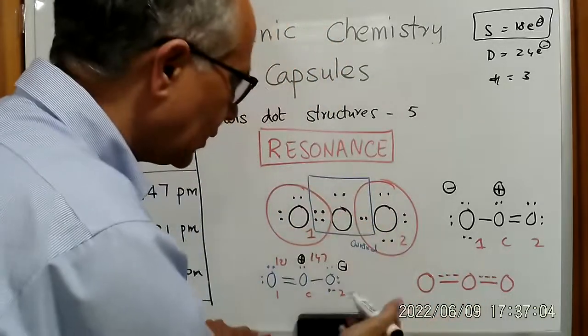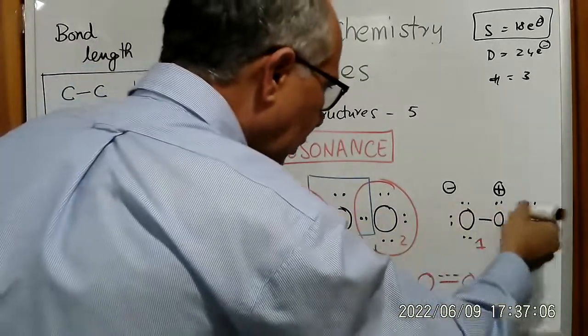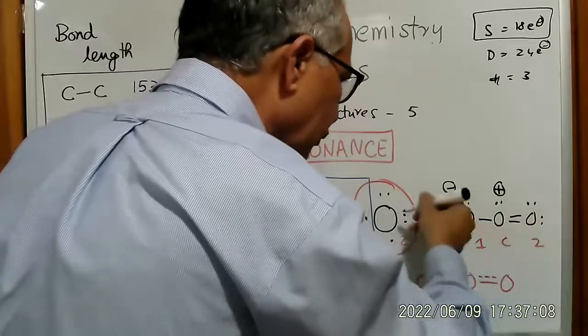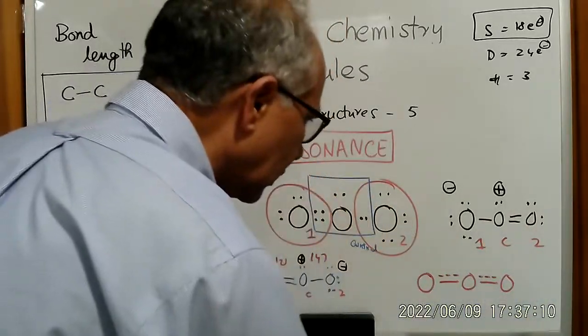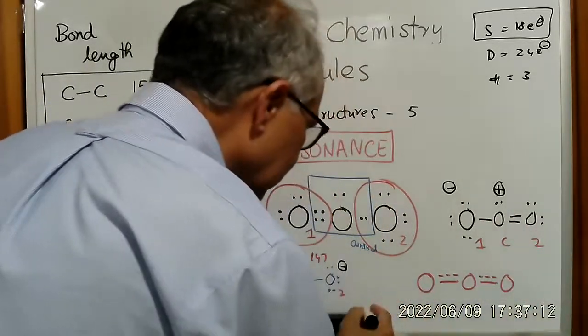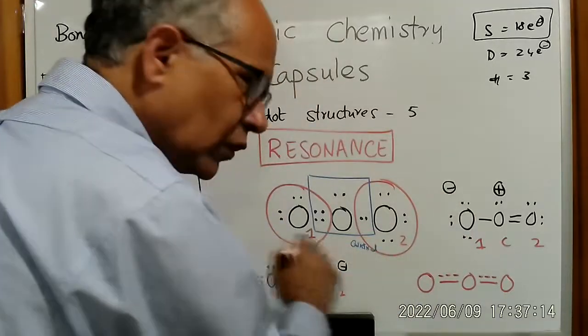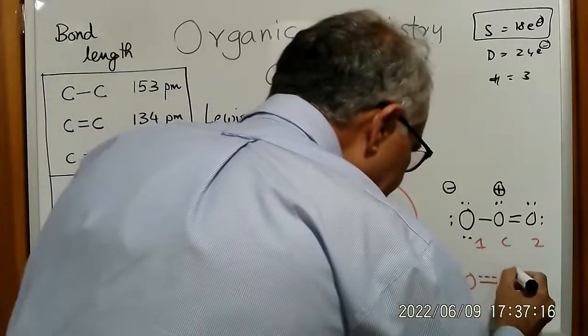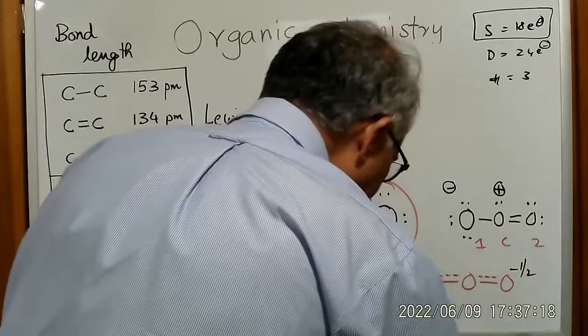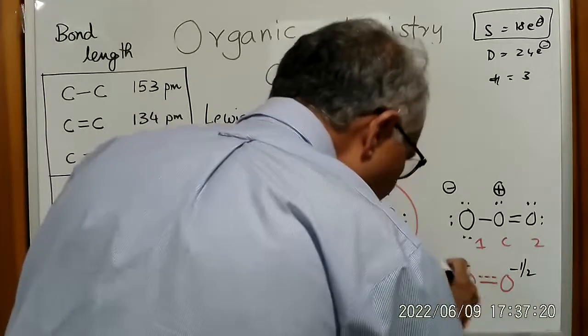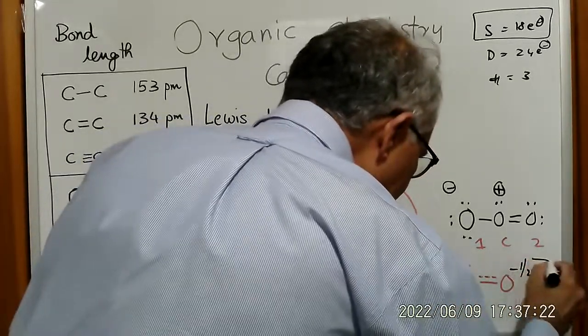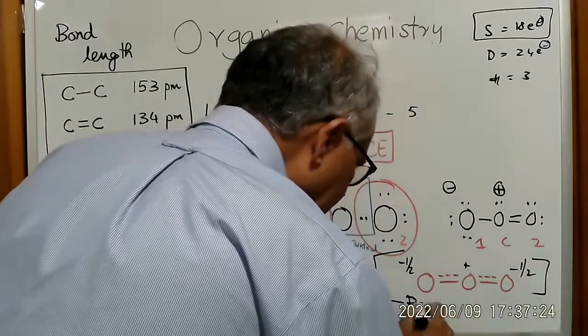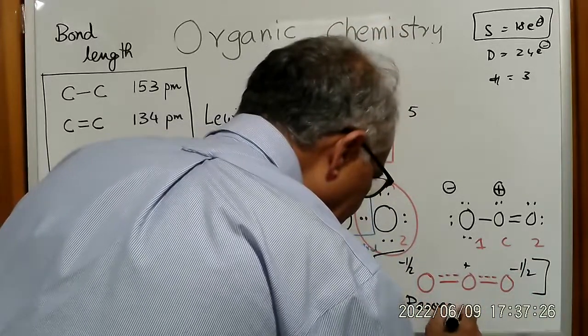That means the double bond needs to be moving back and forth between those two oxygen atoms, as a result of which the negative charge also moves around. So we say there's half a negative charge there and half a negative charge there. And this structure is called the resonance hybrid.